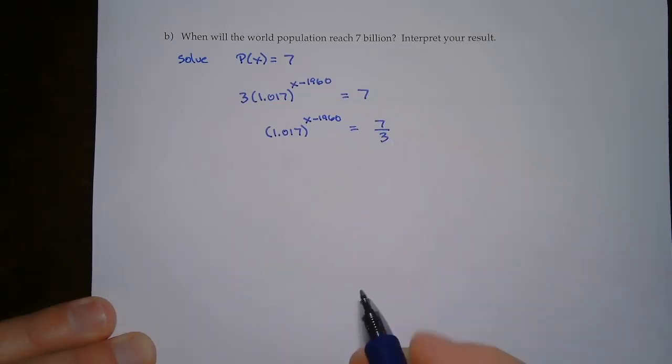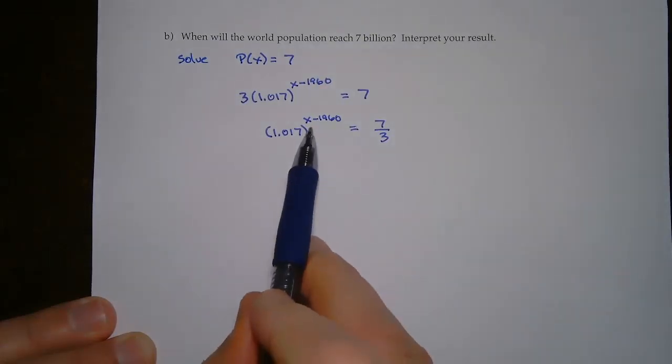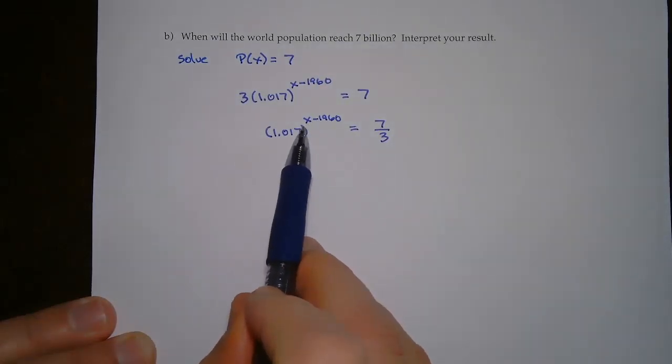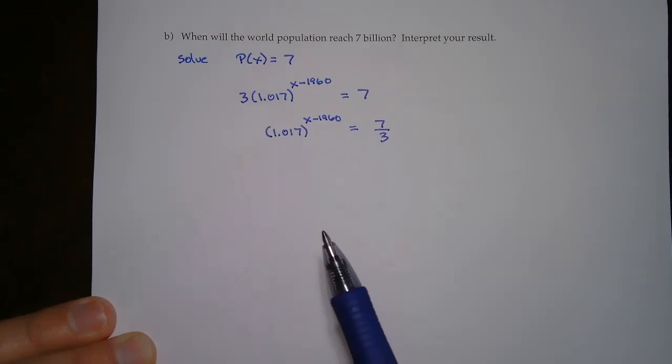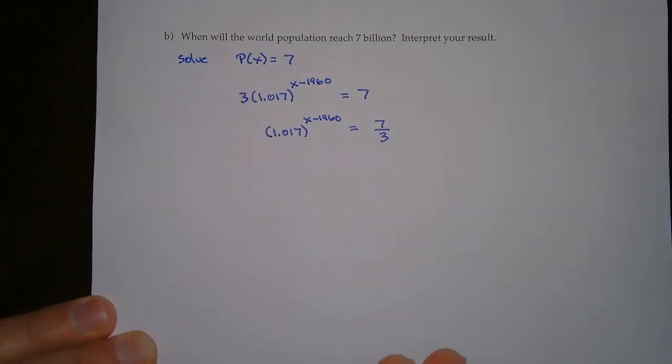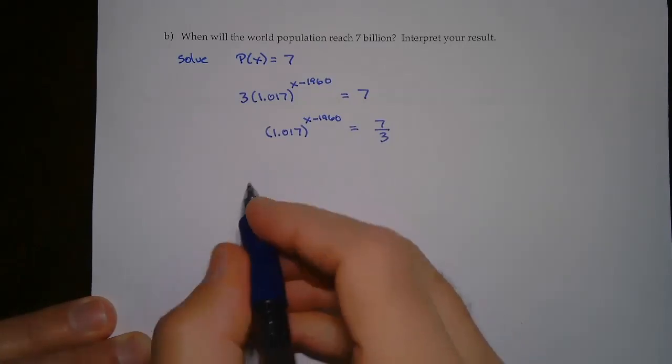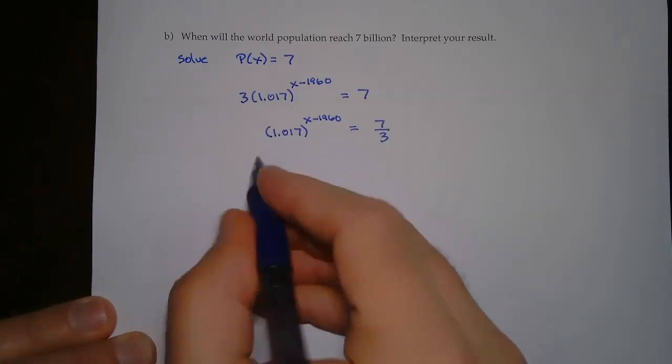Okay. All right, so how do we get the variable down out of this exponent? Well, we're going to take the logarithm, okay? And in this case, I'm going to take the natural log. You can actually use any logarithm, but I'm going to use ln, okay? So we're going to take the natural log of both sides.